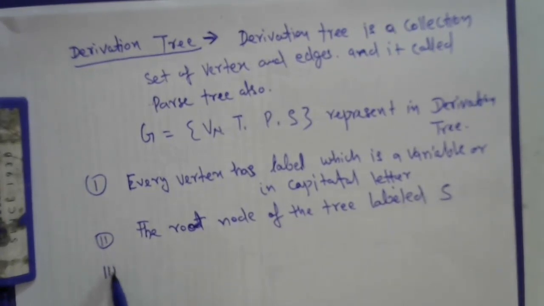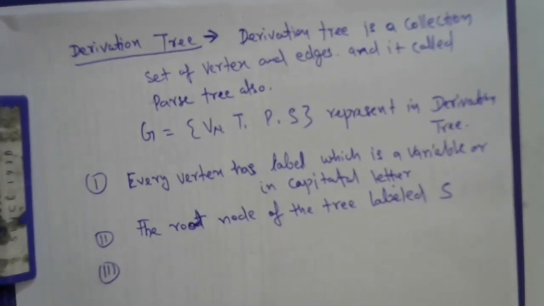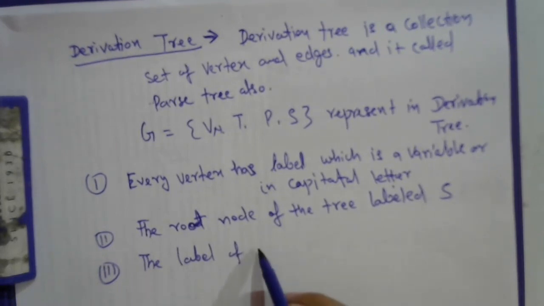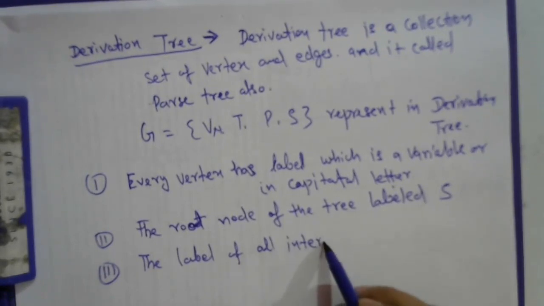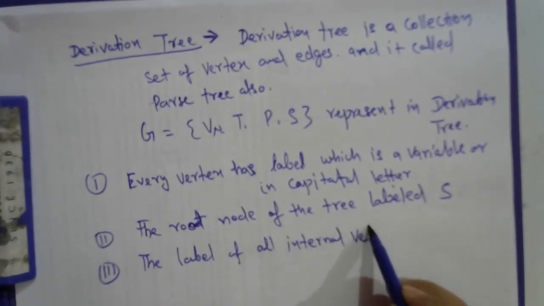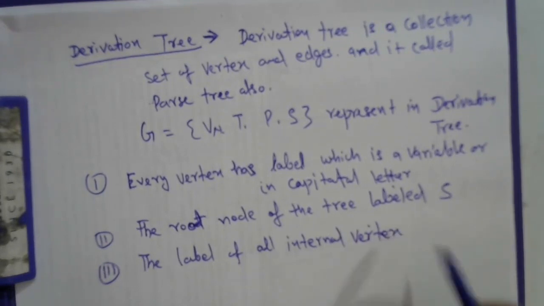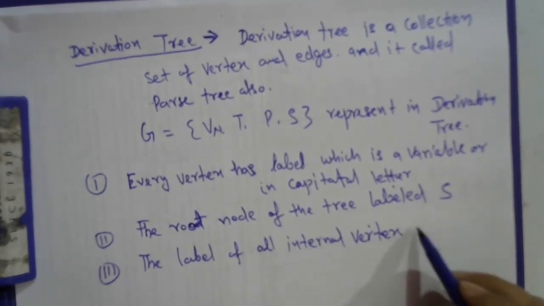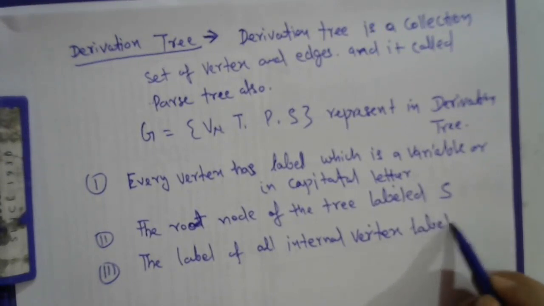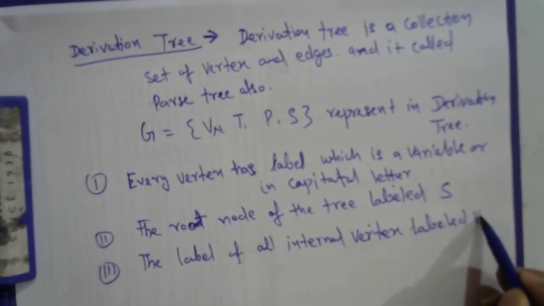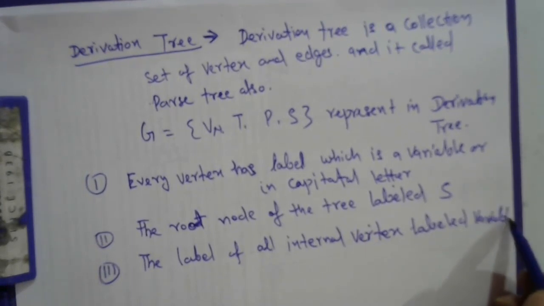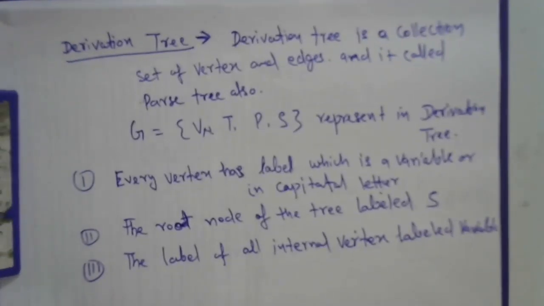And the third rule is that the label of all internal vertices is a variable. That is the basic rules.